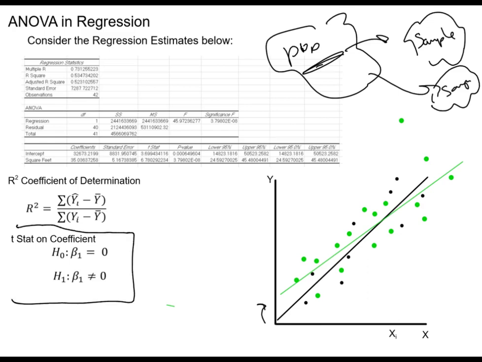In essence, that's what hypothesis testing was allowing us to do. And so when we get to hypothesis testing, we can ask hypothesis tests about either the intercepts or, more importantly, the coefficients on the slope estimates, the coefficient on that 35.